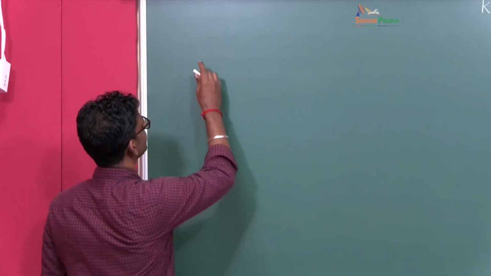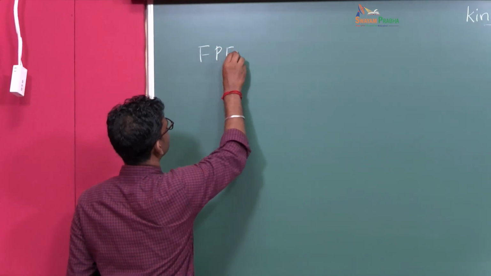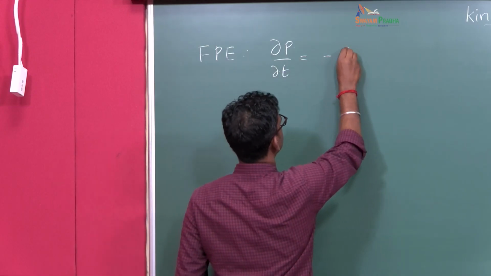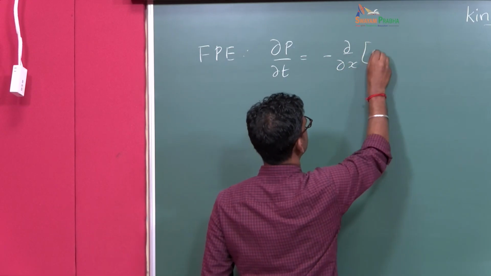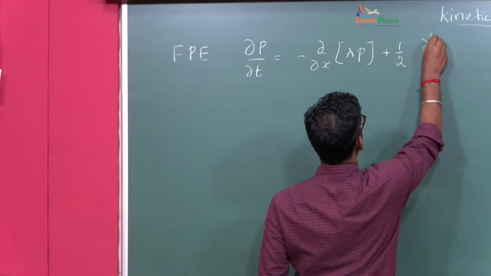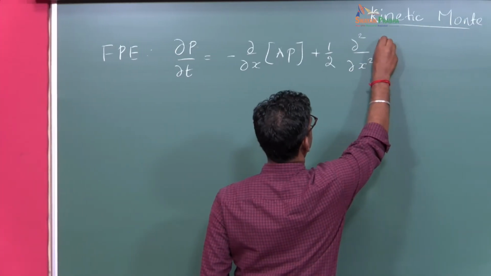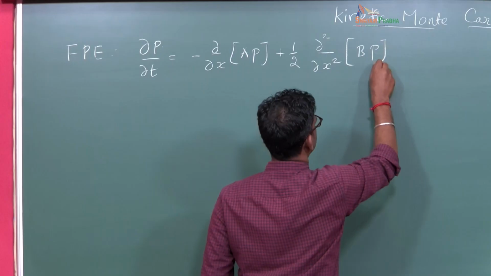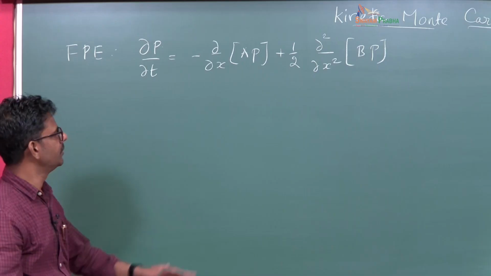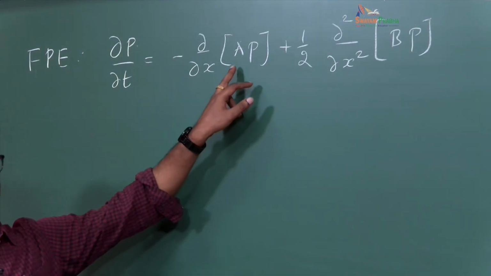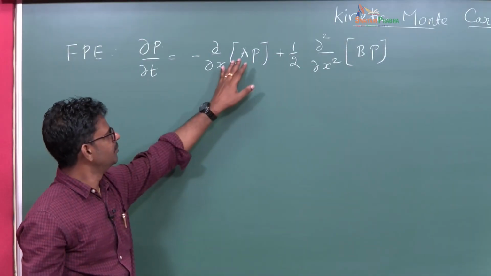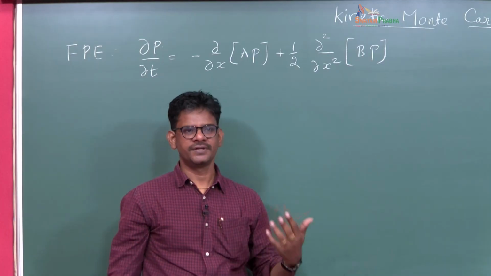So let us consider the Fokker-Planck equation. A continuous Markov process can be described using this Fokker-Planck equation with the characteristic functions a and b that capture the drift and diffusive part of the process.